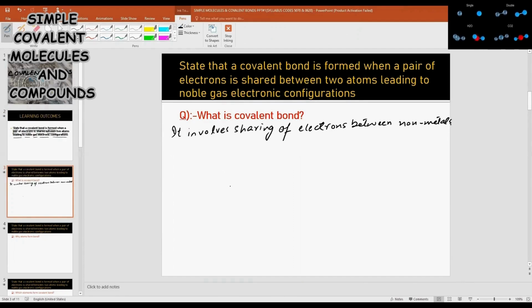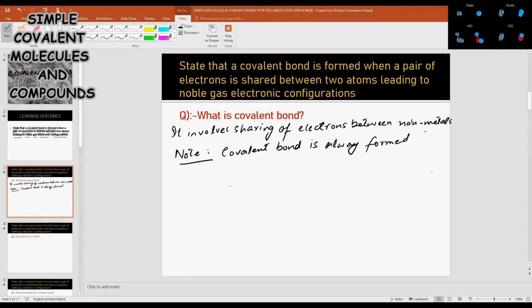Remember, a covalent bond is always found between non-metals. Note this point. A covalent bond is always formed between non-metals.